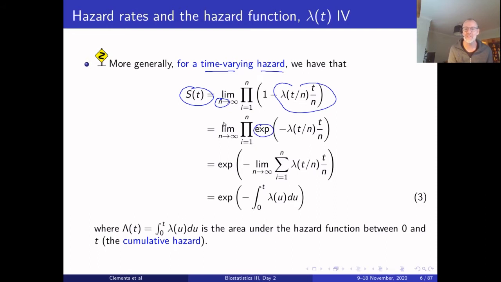Then, as long as lambda is well behaved, we can take the product inside, and we can also take the limit inside. So then we have an exponential of minus the limit of the sum here. Now, this value can be interpreted as the area under the curve for the lambda function, which is just the integral. So we have the exponential of minus the cumulative hazard.